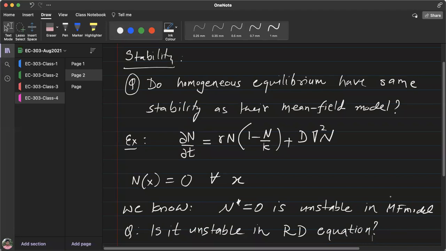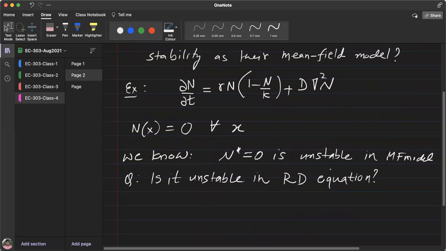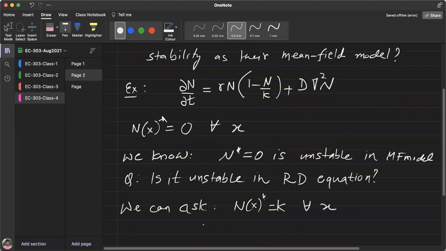And of course, I can ask the same question for n star equal to K for all x.